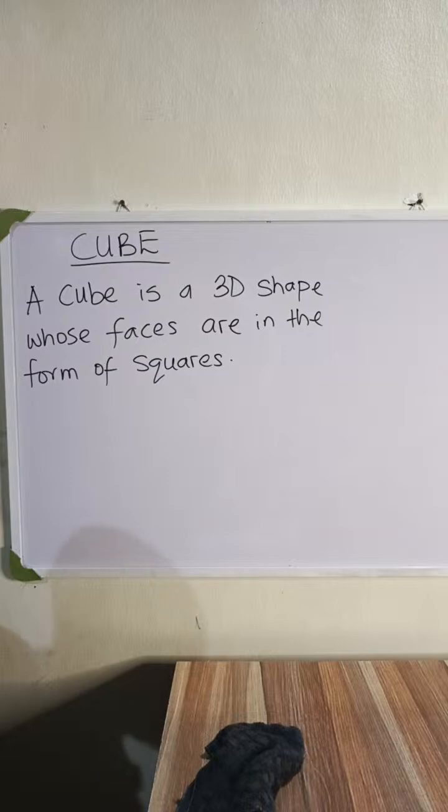So the faces of a cube are in the form of squares. The faces of a cube look like squares, okay?